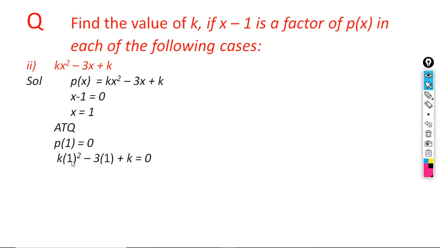Substitute the value 1 for x. Solving this further, we get k minus 3 plus k is 0, 2k minus 3 is 0, and the value for k is 3 upon 2. So this way we have solved the problems related to factors and multiples.